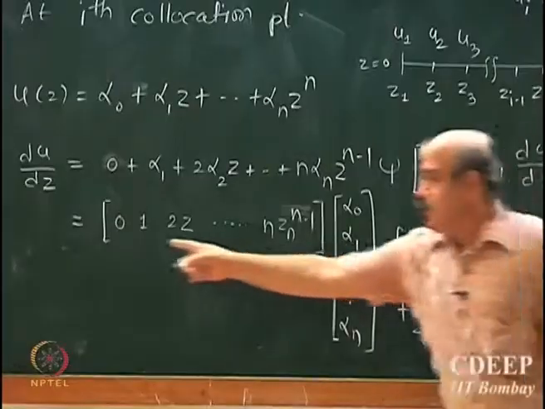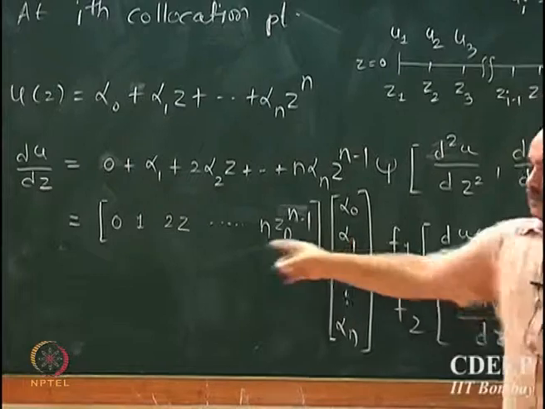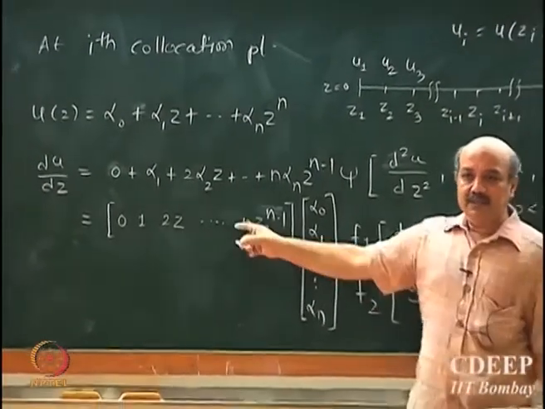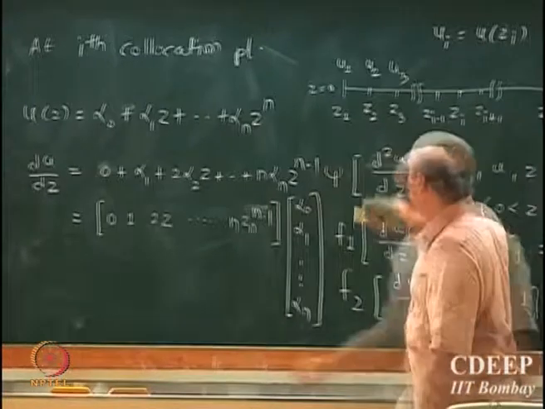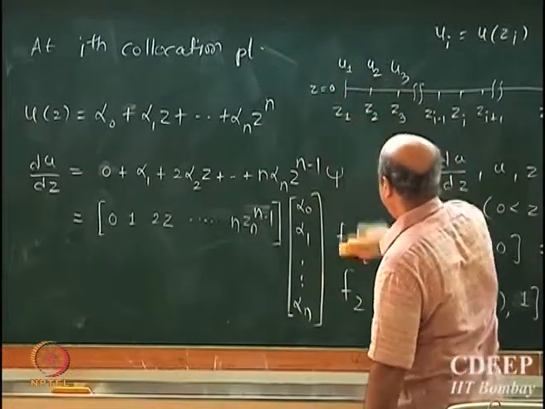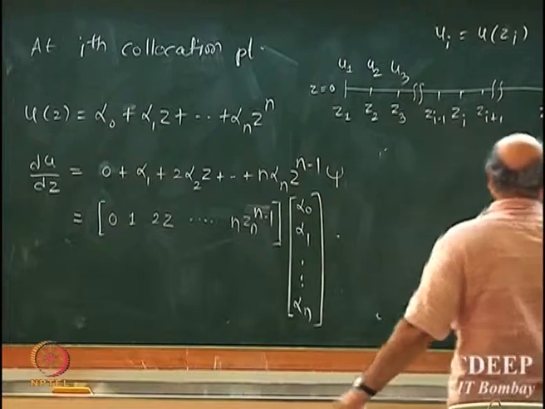So this has been written as a dot product of two vectors. So far so good.